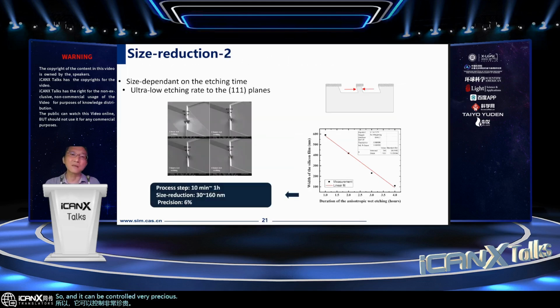And the second part is to use the etching time. Of course, if you etch the silicon for longer time, you will have a smaller silicon nanowire.